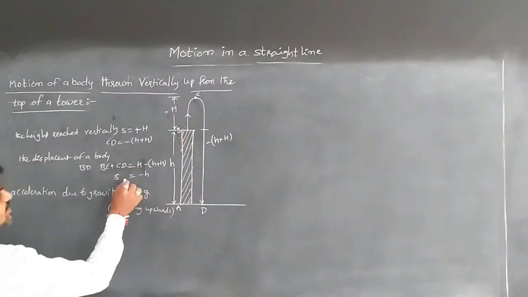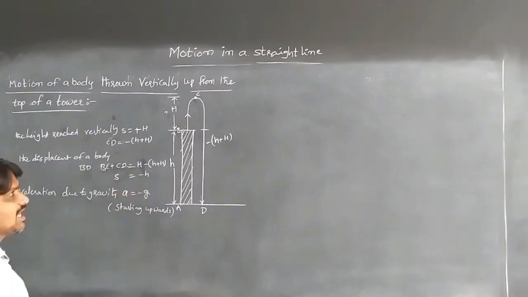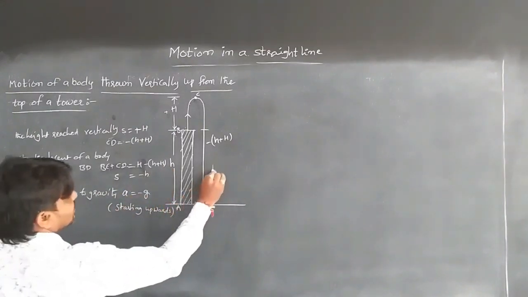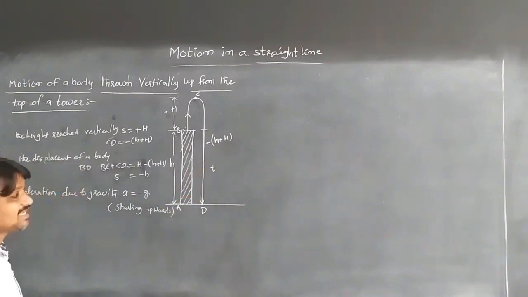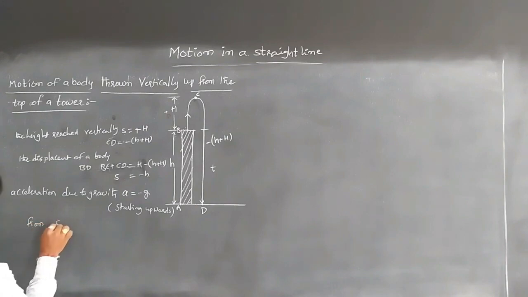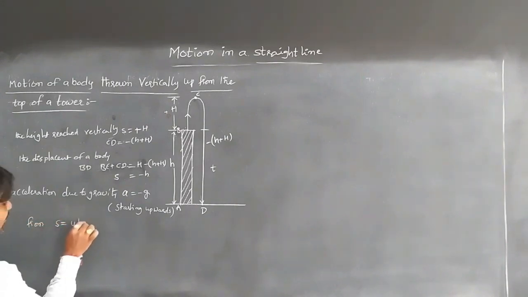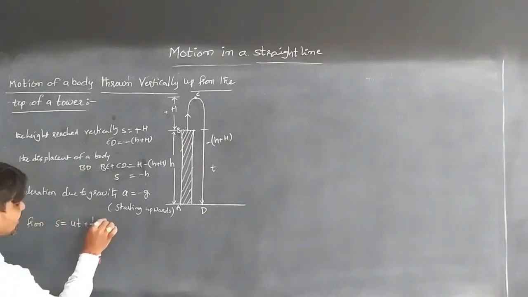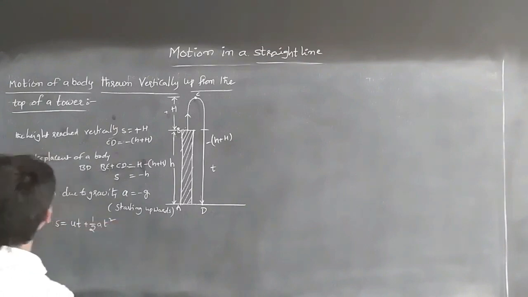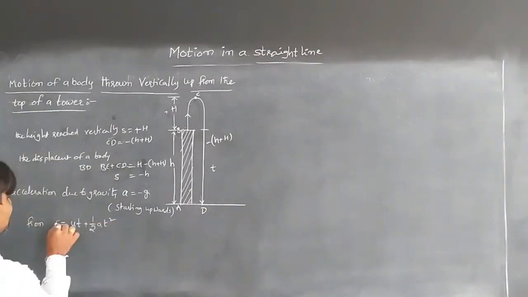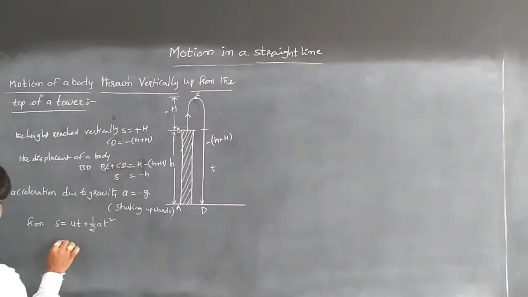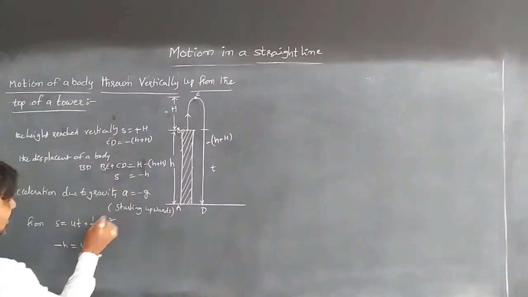Then we have s equal to minus h, initial velocity u, and time taken t. So we substitute into s is equal to ut plus half at square, the second equation of motion of the kinematical equations. So s is equal to minus h, u is equal to u, t, and a is equal to minus g.